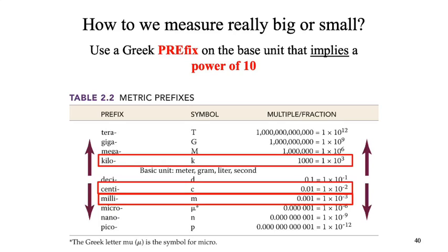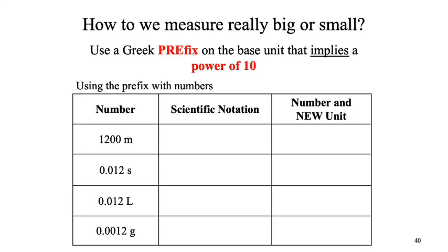So let's take a look at how we could use scientific notation to manipulate this. I have 1,200 meters. What is the scientific notation for that? What did 10 to the 3rd mean?